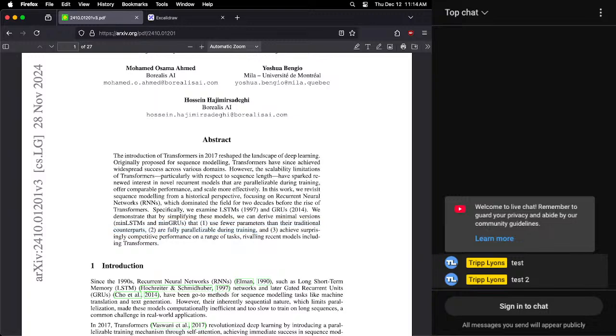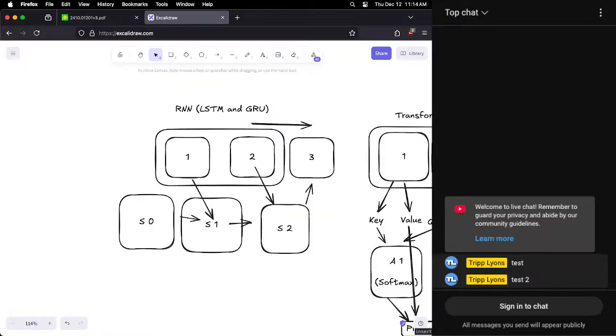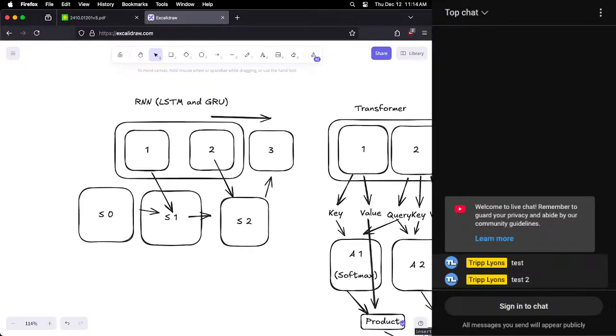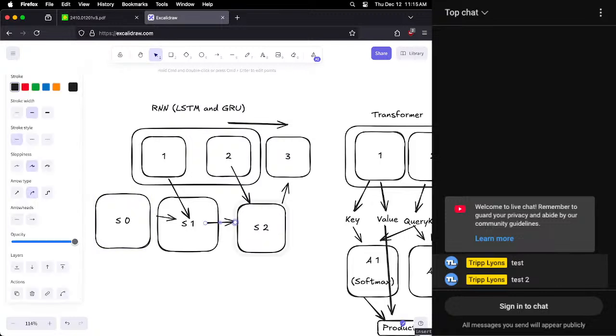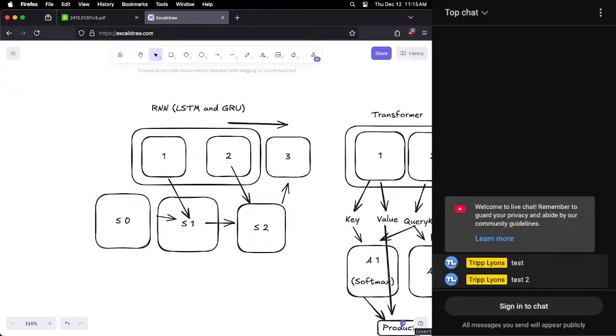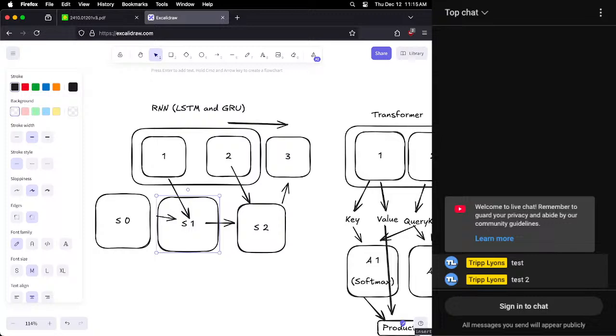That's a big key, because in an RNN, you can't parallelize training. You have to walk back through every single one of these steps when trying to calculate your gradient. The state here depends on this state, which depends on this state, and then you need to go all the way back.